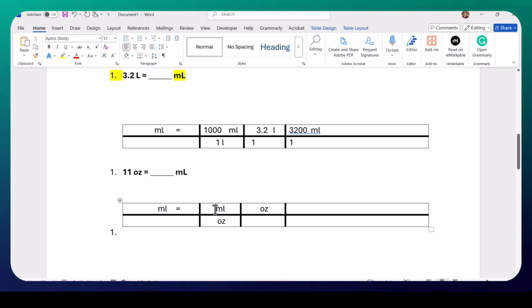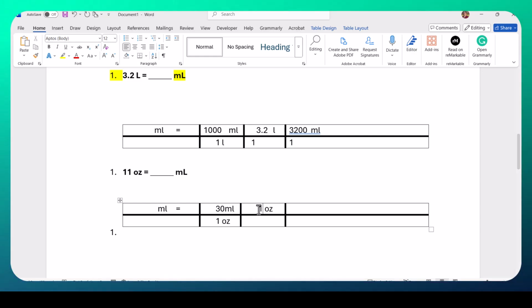Again, we remember there's 30 mLs in 1 ounce. And in my problem, I need to convert 11 ounces. Cross off the ounces because they match. I'm left with milliliters. That's what I want.